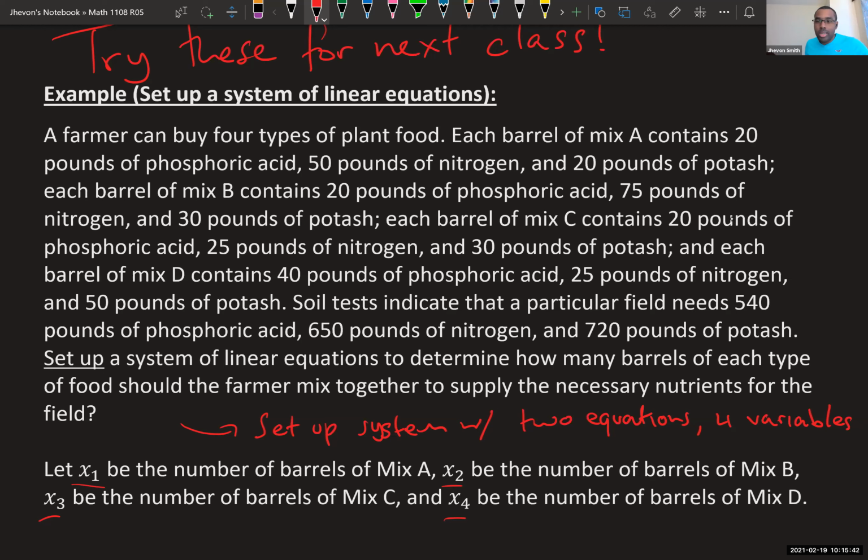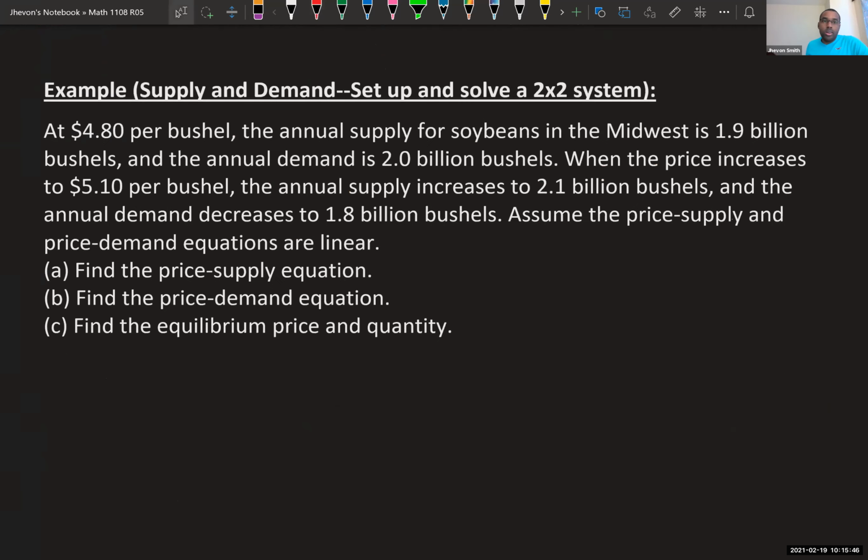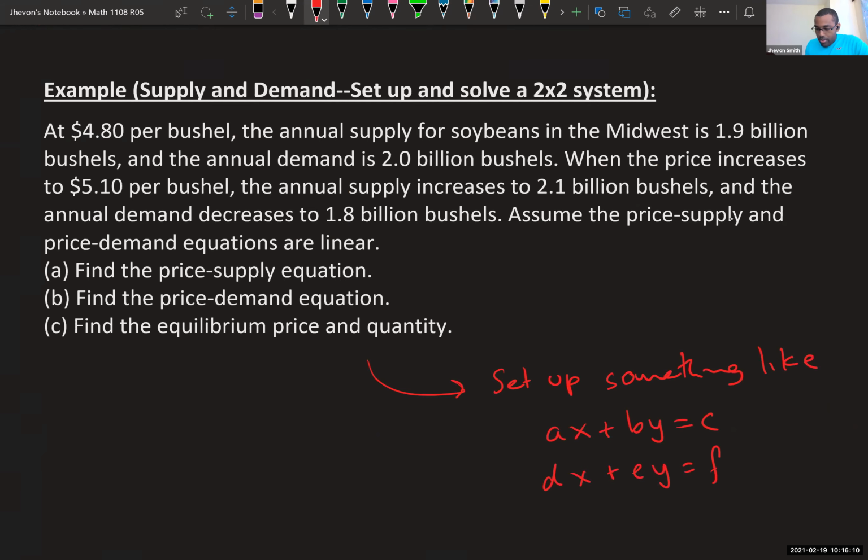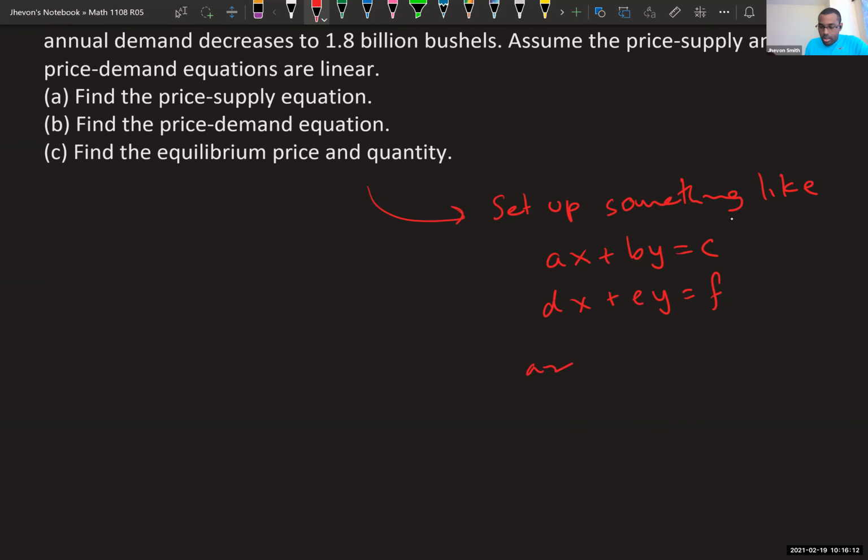to answer the question. Then here's another one where not only do you have to set up a system of equations, but you also have to solve it. So it's going to be a 2x2 system. You're going to set up something like ax plus by equals c, dx plus ey equals f, and solve, right?